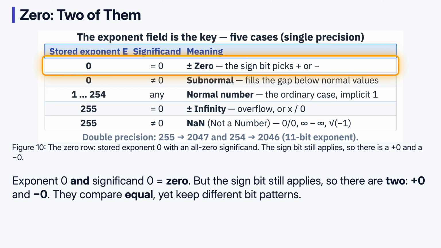The sign bit is independent, so there are 2 zeros, a positive 0 and a negative 0. IEEE 754 says they compare as equal, so plus 0 is equal to minus 0, even though their bit patterns differ. Most of the time you will never notice, but in a few careful calculations it matters.